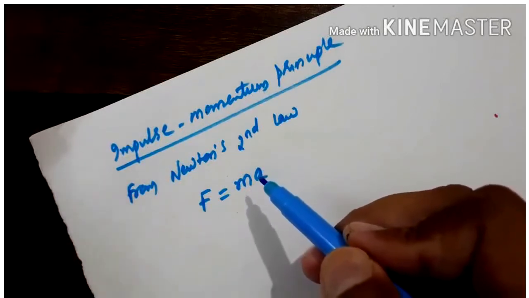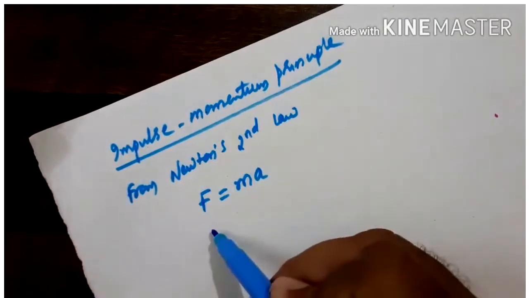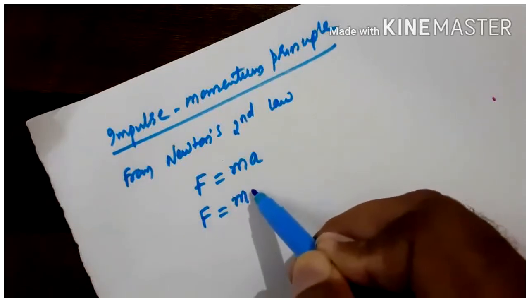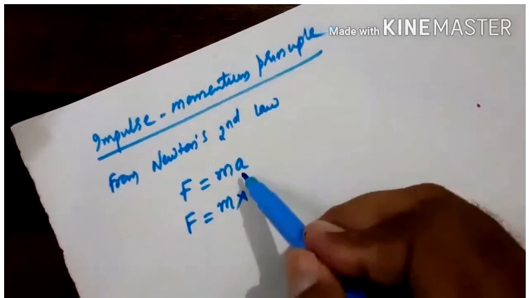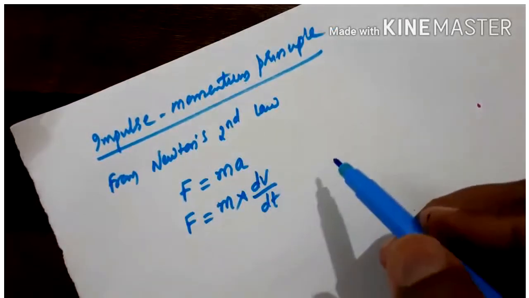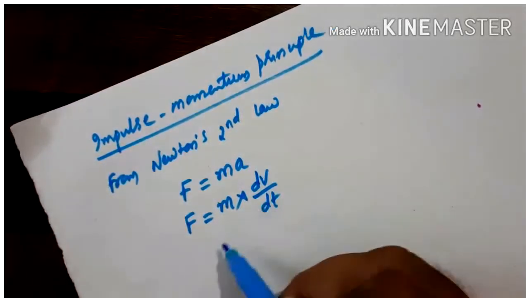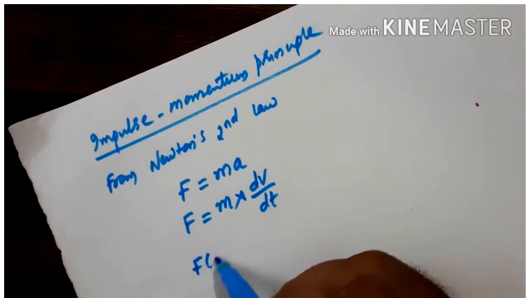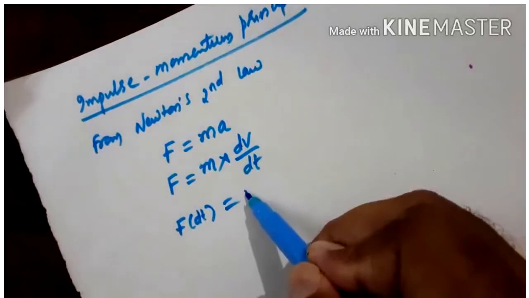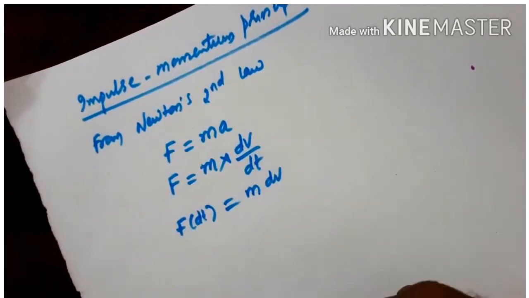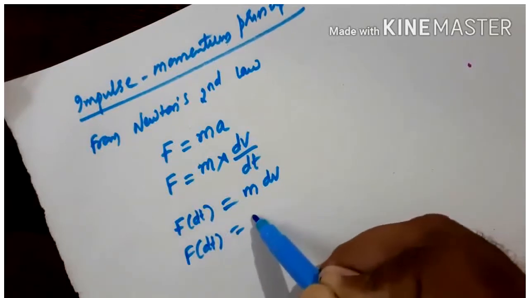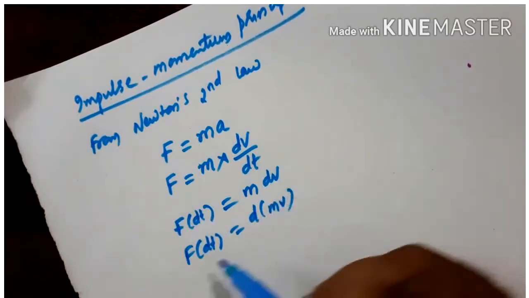Then we can write F equal to m, mass is fixed constant, the variation is acceleration, which can be written as dv by dt. Then take this dt to this side: F into dt is equal to m into dv. Further, F into dt can be written as d of m into v.